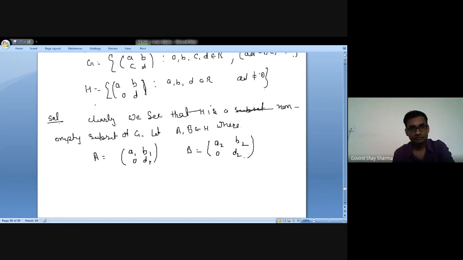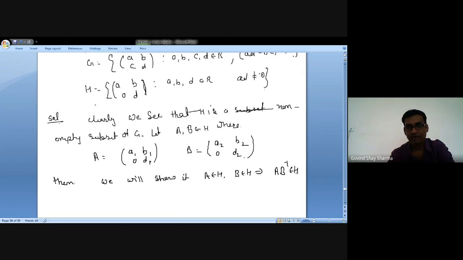Then we will show that if A belongs to H and B belongs to H, then A B inverse belongs to H.